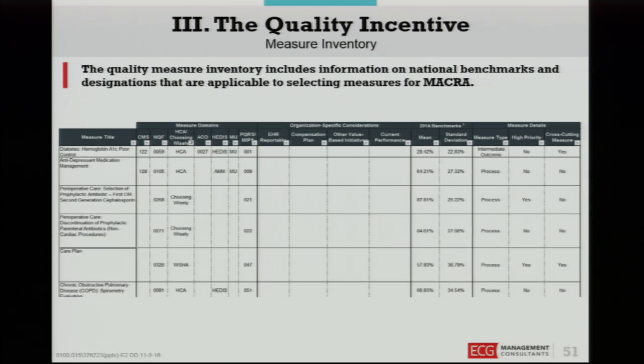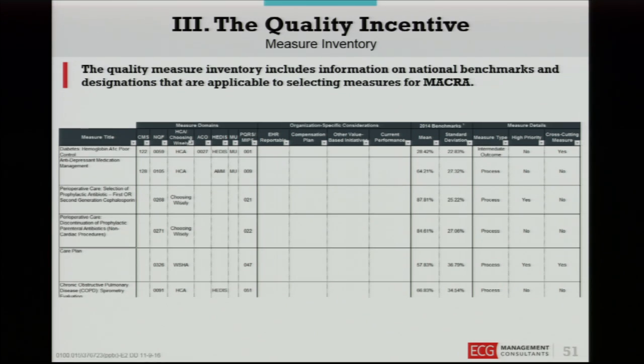There are 2 elements of that indicator. One is that it can be a good guide: if you've got a group of ophthalmologists, what measures should we be thinking about for them, because not every measure would apply to them.